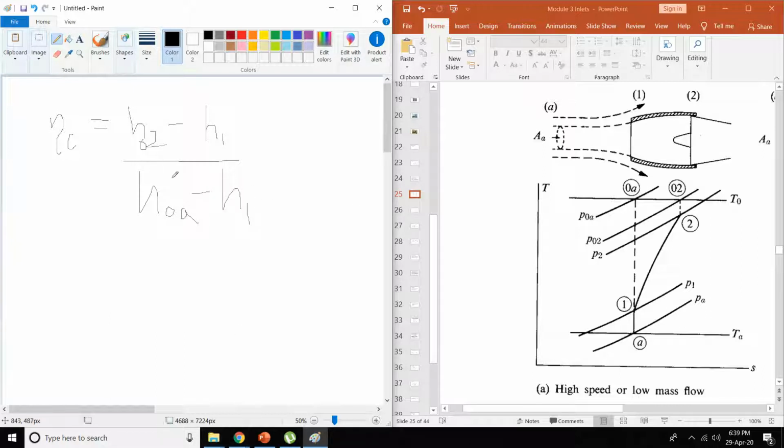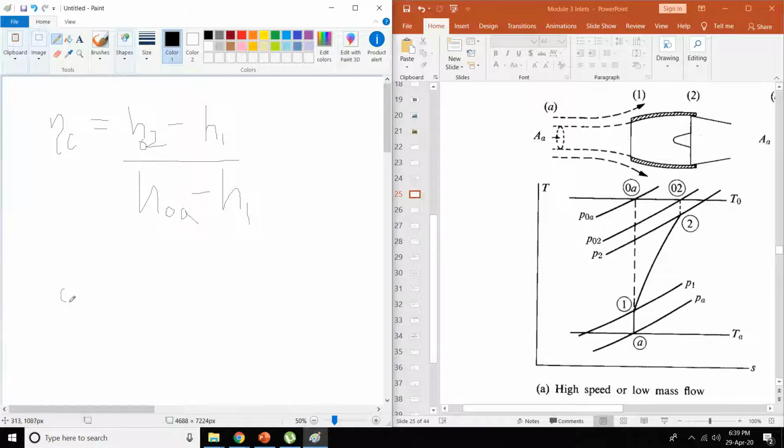Here, this point if you take, that is here, and this point if you take, that is here. So your actual work is from 1 to this point, but your isentropic work is from this point to this point. So isentropic efficiency defines how much work you got done, versus how much work could have been done. So actual work divided by ideal work. This is your isentropic efficiency definition.